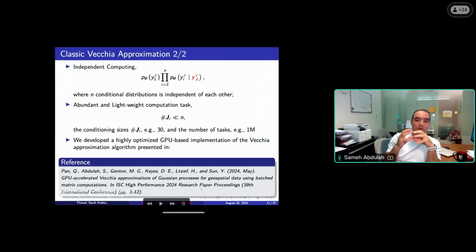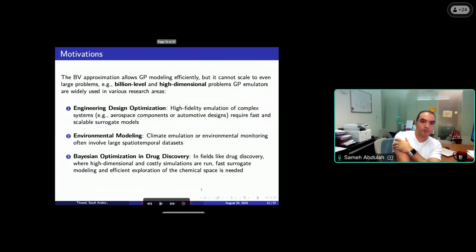So this is how the VK approximation is built. Instead of building a correlation between one city and all other cities, it's enough to just take the neighborhoods, up to a certain point, which we call here nearest neighbor. So I can decide, for New York, which far city I need to take into account when I model the New York temperature.